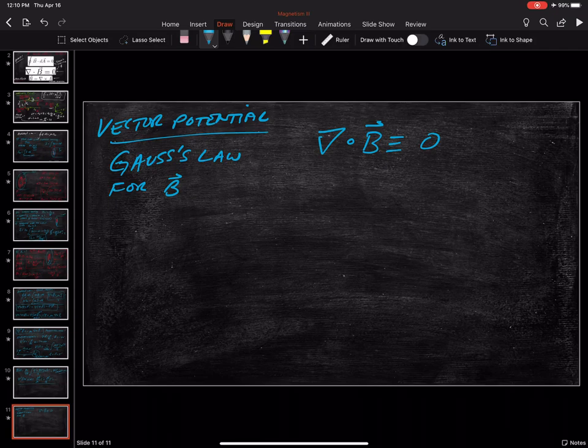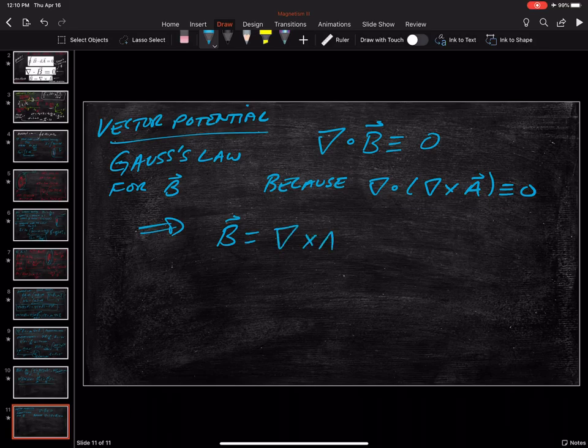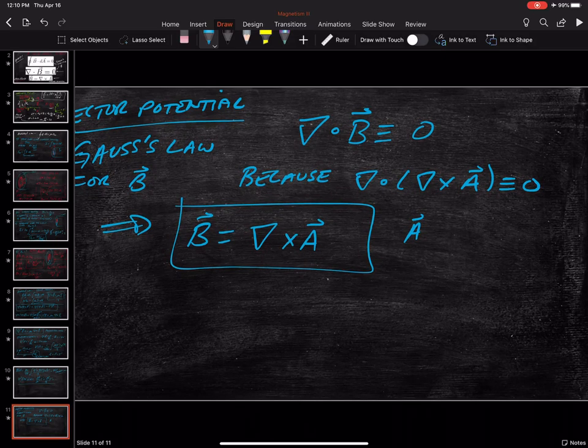Because the divergence of the curl of a vector is always equal to 0, this implies that B can be written as the curl of some other vector. And this other vector is what's called the vector potential.